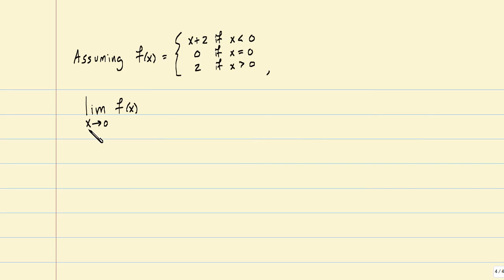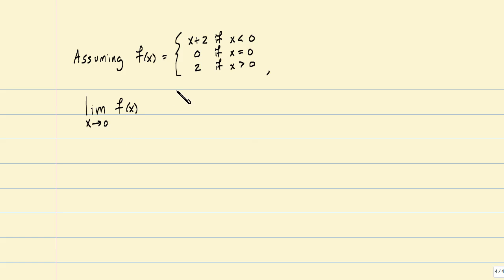Okay, here we have the limit as x approaches 0 of some function f of x, where f of x is defined above as a piecewise defined function. Now remember, the limit of f of x as x approaches something tells us about the behavior of this function when x is very close to this value.